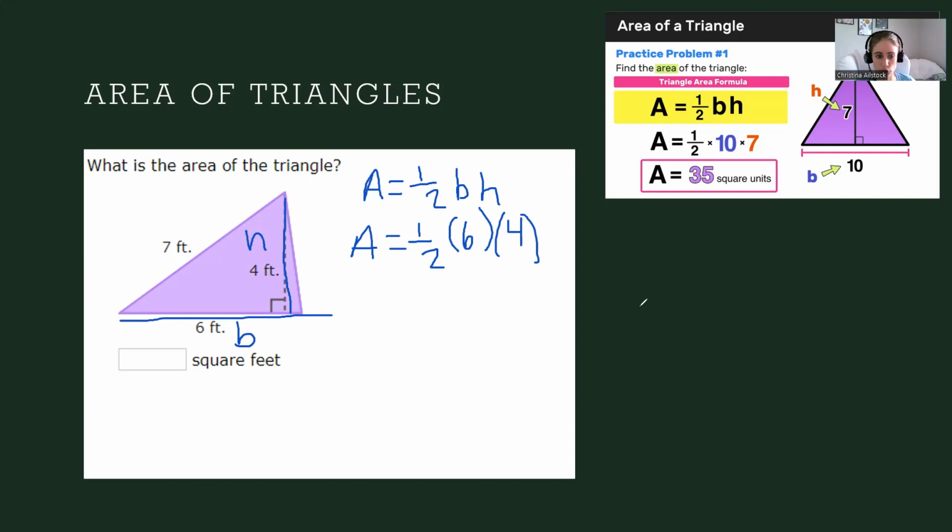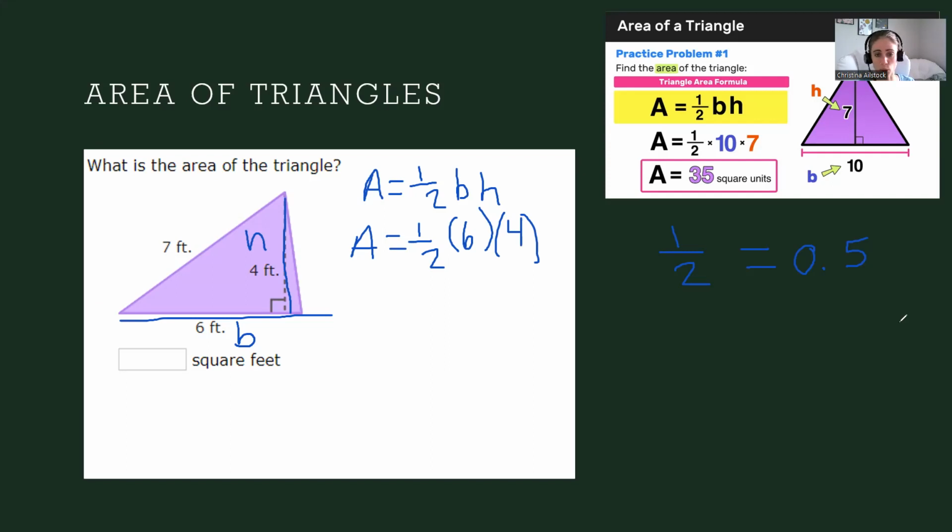which the decimal version of 1/2, of course, would be 0.5. Or another option, and it's the one that I do, and it's what some of you may unintentionally do in your head, when you're taking 1/2 of something, that's also known as dividing by 2.